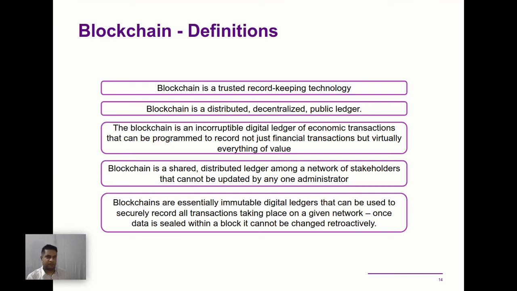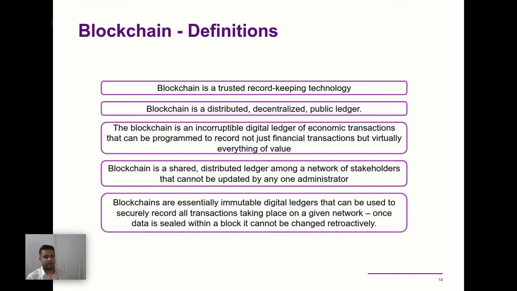Some of the other definitions relate to incorruptibility of data, which is the result of what we've just seen, and how different stakeholders who want to update data cannot do so without being a part of a consensus mechanism, which is something that we will take a look at.